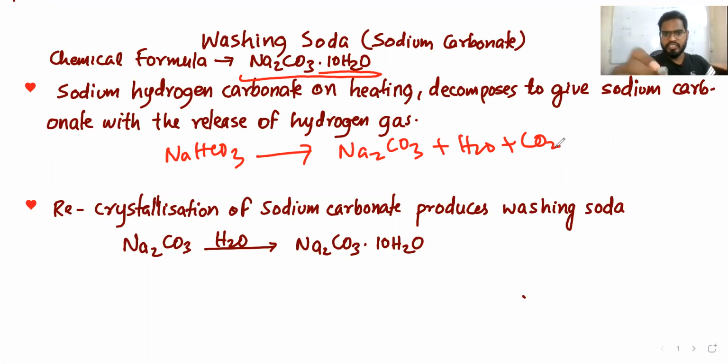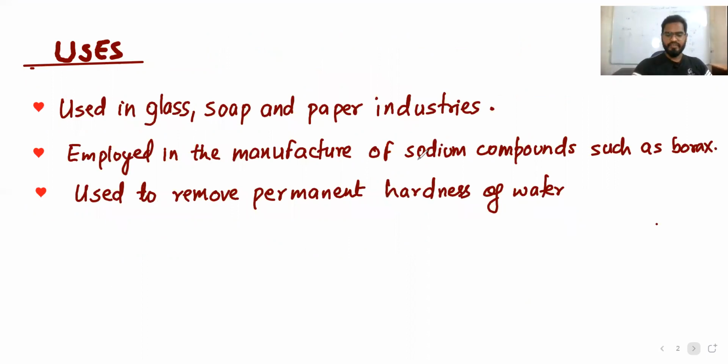So Na2CO3 is the sodium carbonate. If you recrystallize it, meaning if you heat it in the presence of water, it will gain water and take 10 molecules of H2O. It will become washing soda, right? 10 water molecules are there. We'll discuss later why 10 water molecules came here, and what the use of those 10 water molecules is. That we'll see further. Fine.